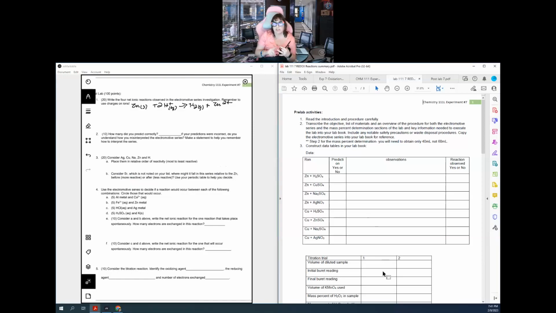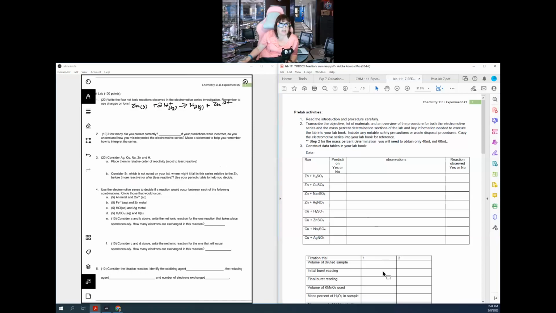Okay, there are a number of things that I can tell you. One is, where is it in the activity series? The further to the left, the more reactive it's going to be, so it can react with stuff on the right-hand side. The other thing that I will tell you is that your standard reduction potential for each of these spontaneous reactions needs to be above 0. Okay, so that is one thing.